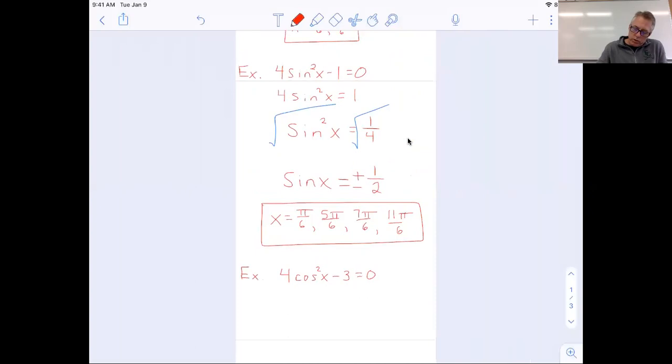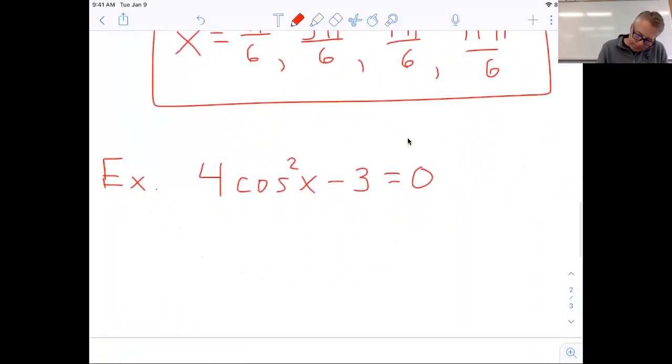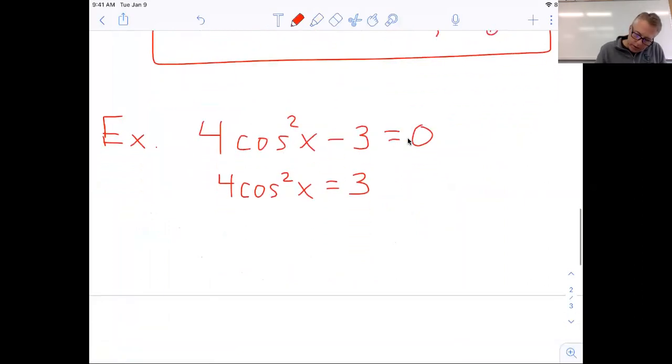So just like in the last problem, we want to get the cosine by itself. So I'm going to add 3 to both sides. So that's 4 cosine squared x is equal to 3. And I'm going to divide both sides by 4.